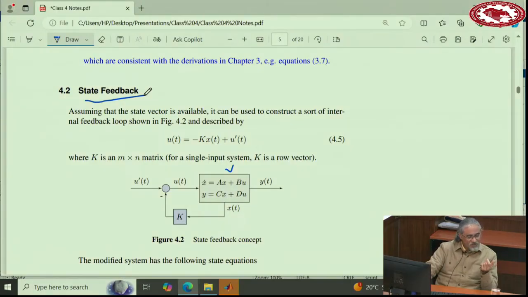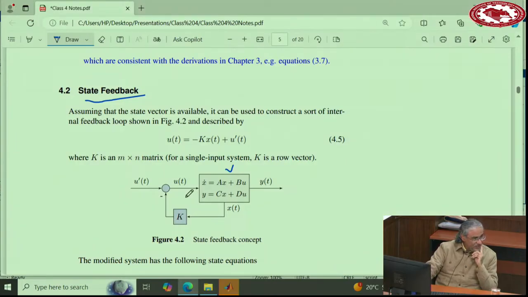Because output does not contain all the information. So what I will do, I will take the state vector, multiply into some k, and remember this k is also a vector or a matrix depending on the size of U and X, and then you bring it back and close the feedback. This is the concept of state feedback.